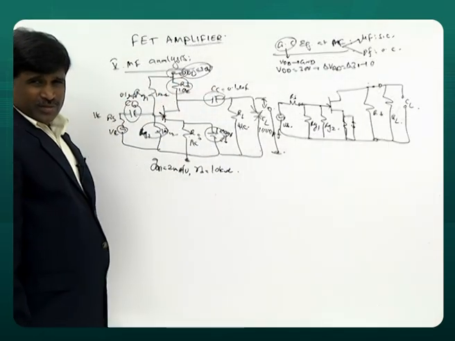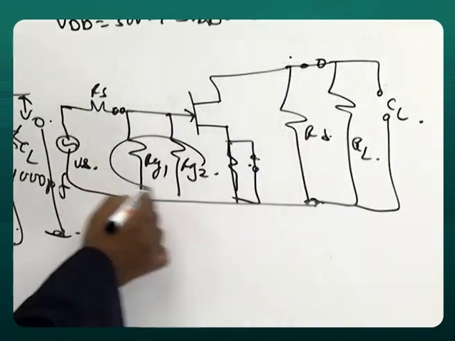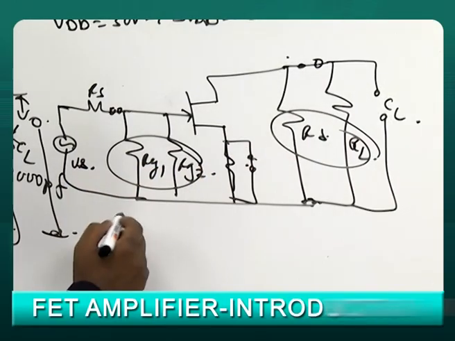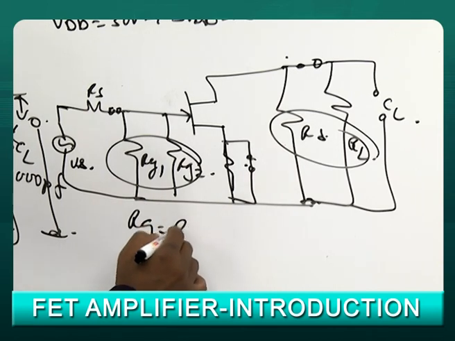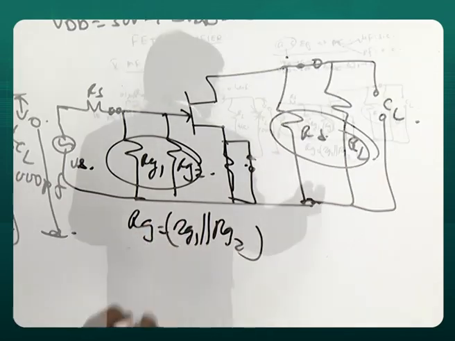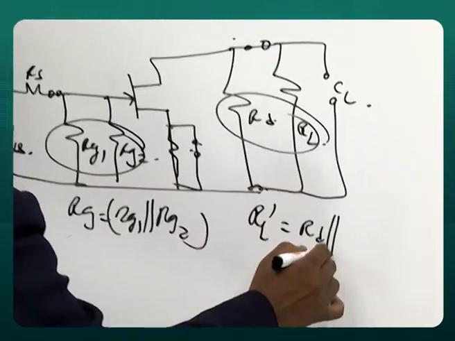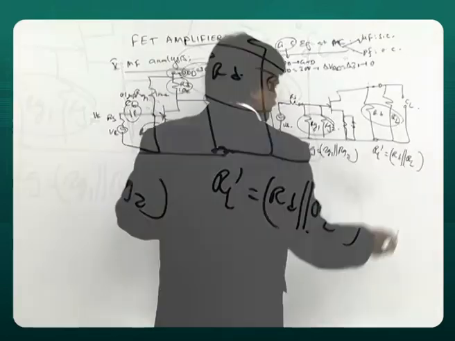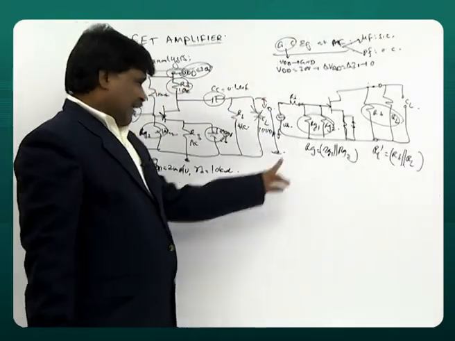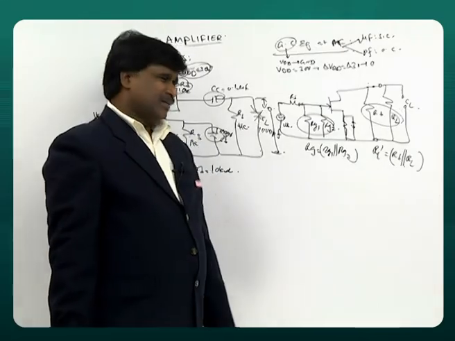That's called the equivalent circuit. Now, when you combine these two in parallel, RG is RG1 parallel RG2. RL dash is RD parallel RL.